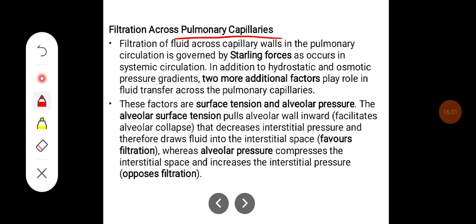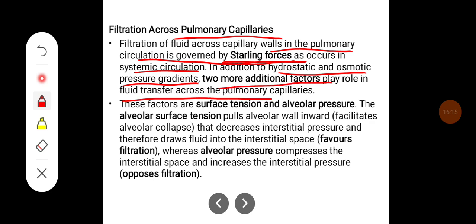Filtration of fluid across capillary walls in the pulmonary circulation is governed by Starling forces, as occurs in systemic circulation. In addition to hydrostatic and osmotic pressure gradients, two more additional factors play a role in the fluid transfer across pulmonary capillaries. These factors are surface tension and alveolar pressure.